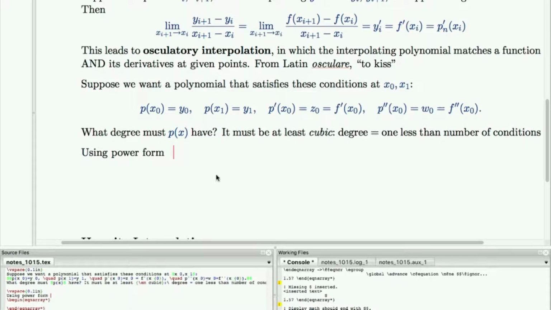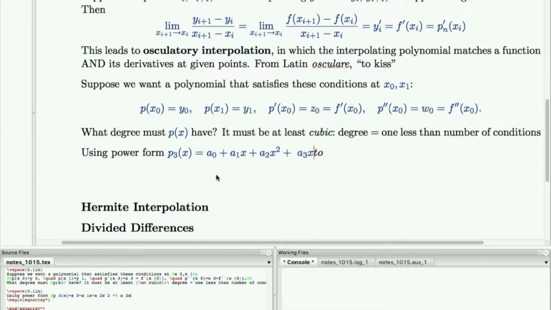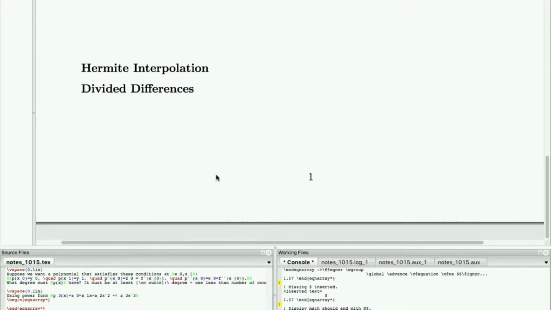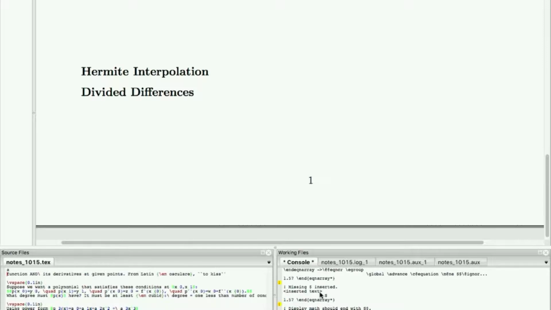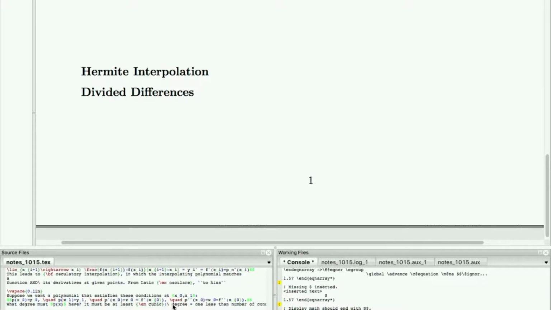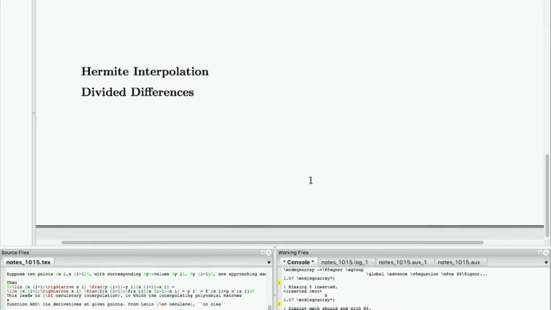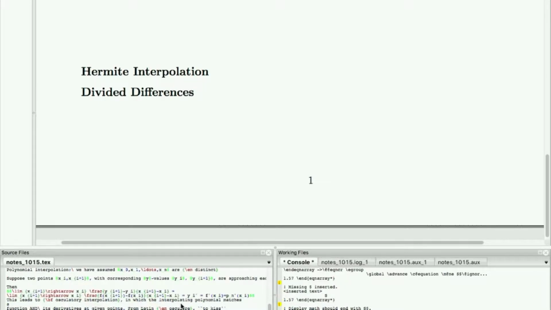P3 of x equals a naught plus a1x plus a2x squared plus a3x cubed. Sorry, something is really wrong here in LaTeX. I'm not sure what it is. Okay, I'll have to deal with that later.